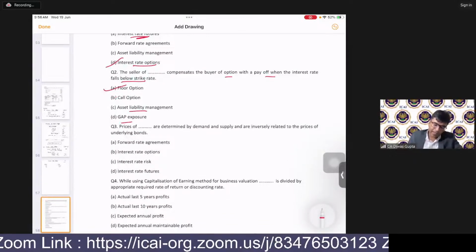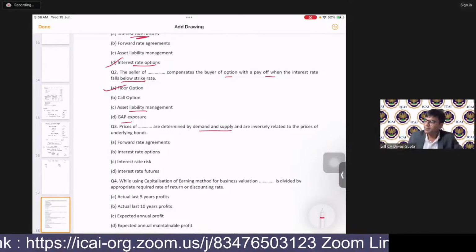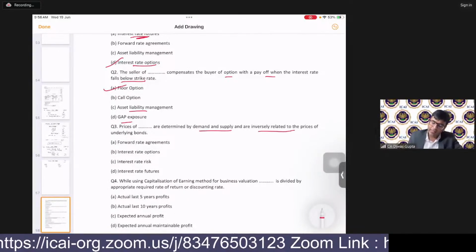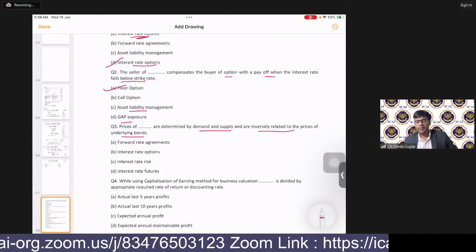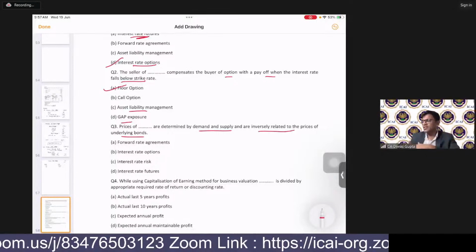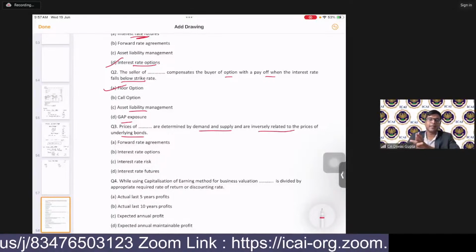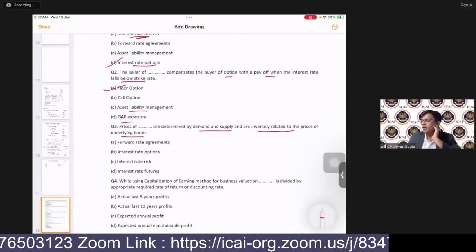Next, prices of dash are determined by demand and supply and are inversely related to the prices of the underlying bonds. All these things have been discussed in today's session, students. Come on, tell me. Very good, Abrikesh. Munish, I'm waiting for your answers to come.